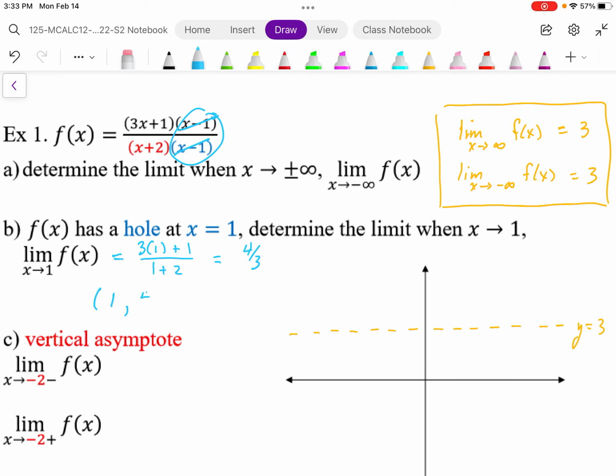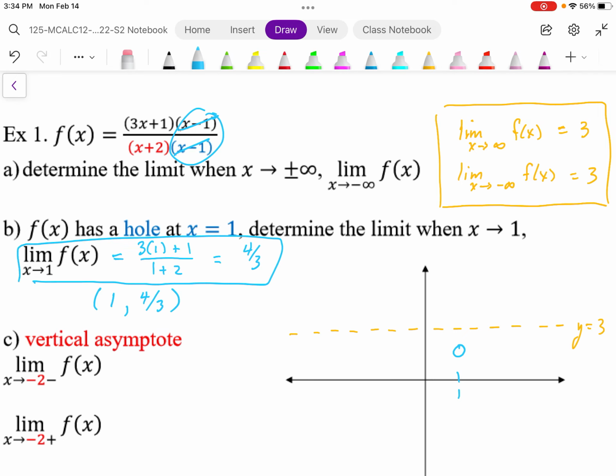When we plug in, we get 4 over 3 as the limit. And so if I have my coordinate here, this is going to be at 1, and maybe 4 over 3 is going to be that point there, and it represents the hole in the graph. So we've done this before. Again, now all we've done is we formalized this with a limit.